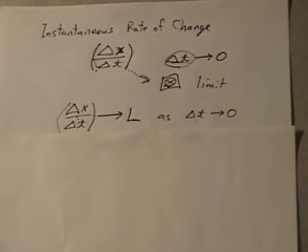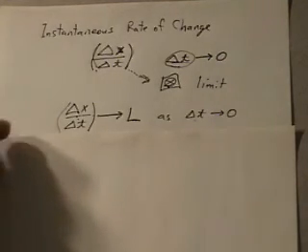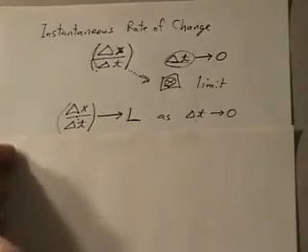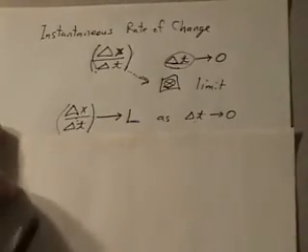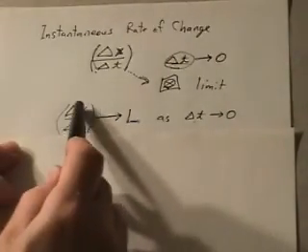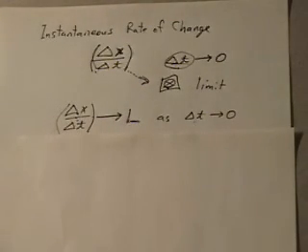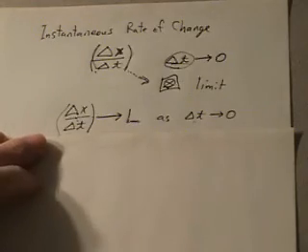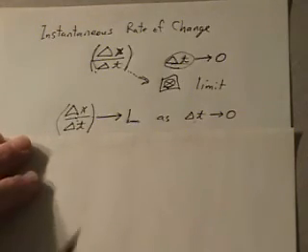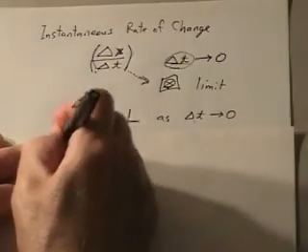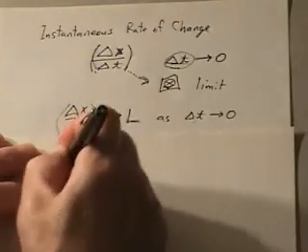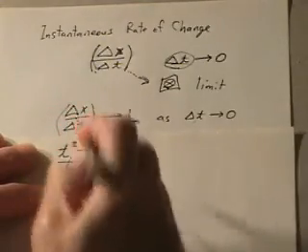Okay, let's look at a couple of examples, one of them fairly easy, where we just simplify what we're looking at. Instead of looking at explicit delta x's and delta t's, let's suppose that what's in the parentheses there just turns out to be something like (t squared minus 1) over (t minus 1).